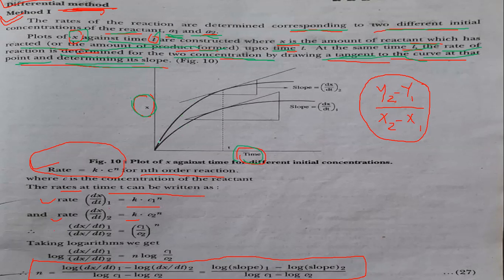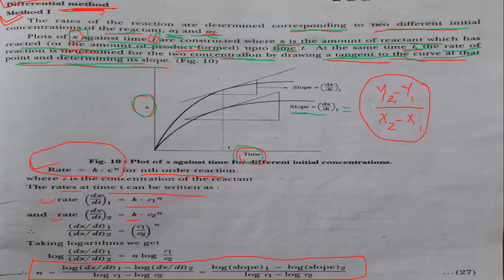After taking the readings, we are plotting a graph. The points come like this for the first graph, so you are getting a line like this. Here the slope is equal to dx upon dt 1. How are you going to find the slope over here? That is y2 minus y1 upon x2 minus x1.